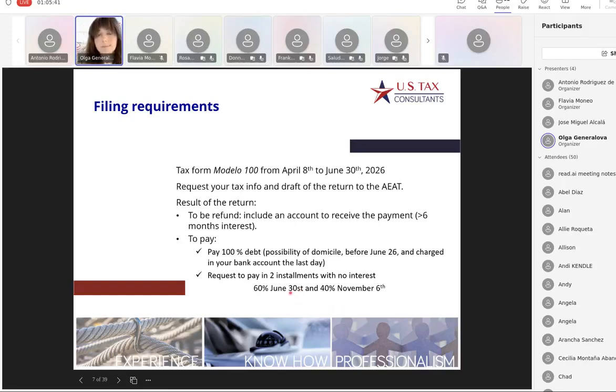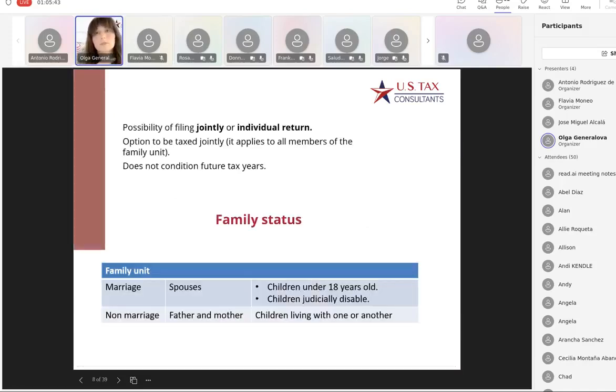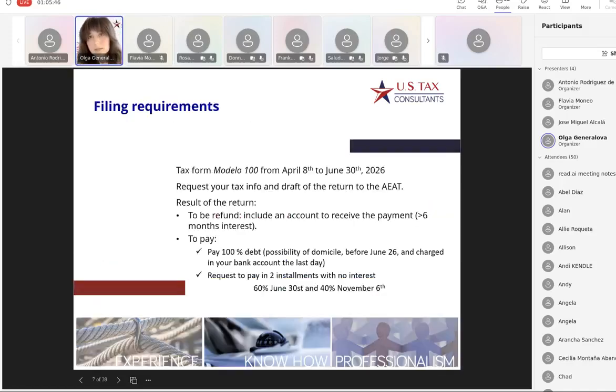And lastly, if you've just become a Spanish tax resident, it really helps to have a Spanish bank account with a bank that collaborates with the tax agency, which is typically Santander, BBVA, Caixa.